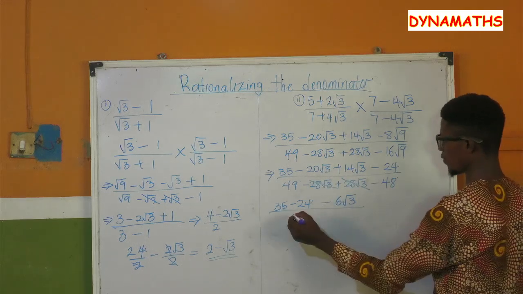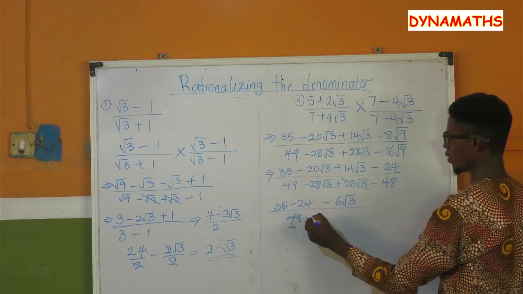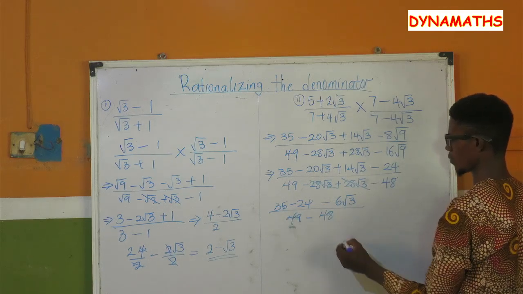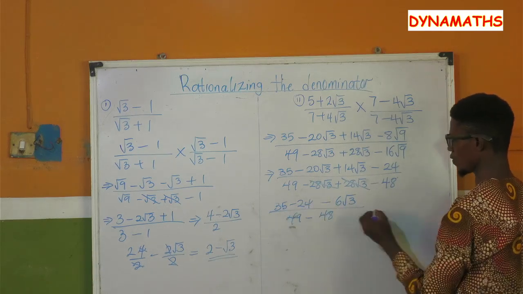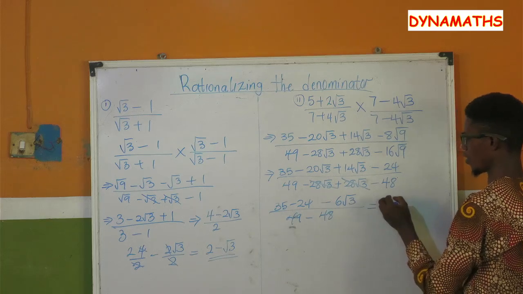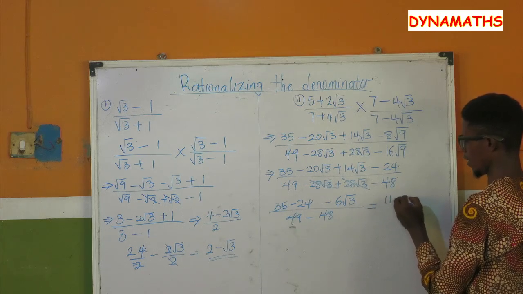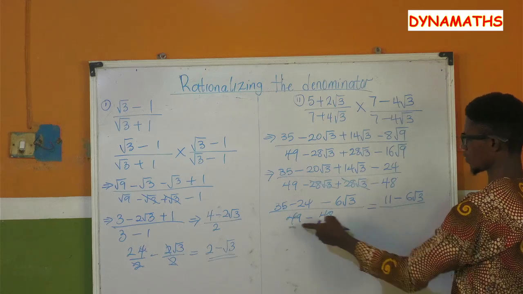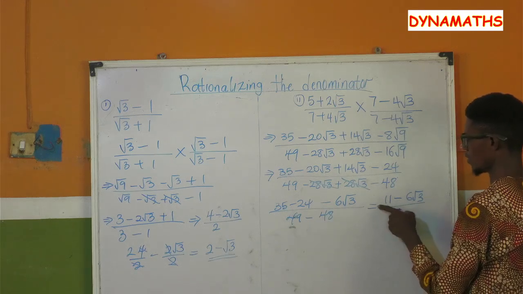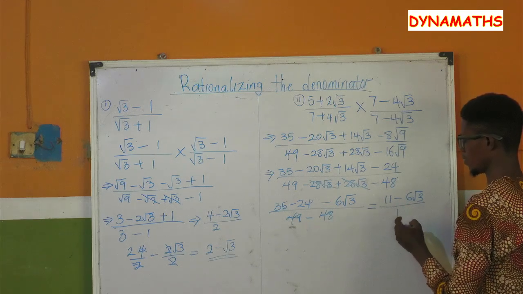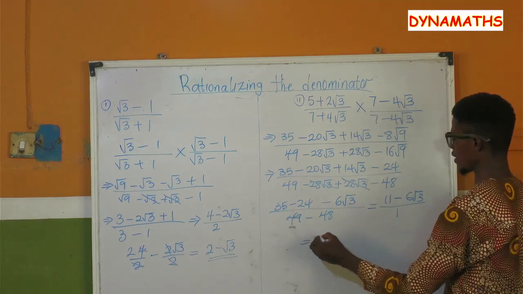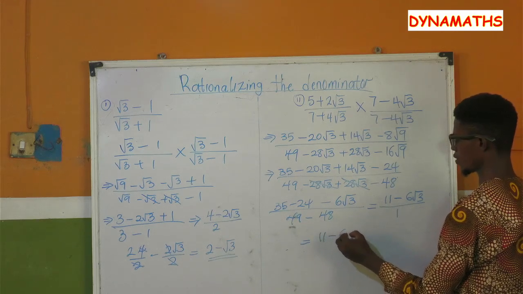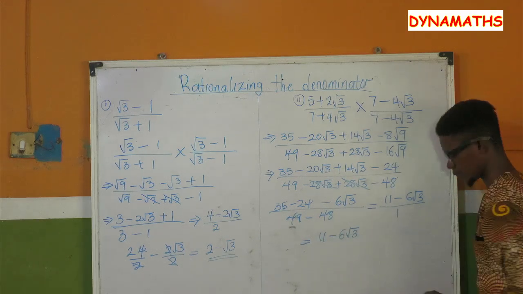So you are going to be left with 49 minus 48. If we take the subtraction 35 minus 24, we are going to be left with 11 minus 6 root 3. And 49 minus 48 gives a value of 1. So invariably, I can leave my answer as 11 minus 6 root 3.